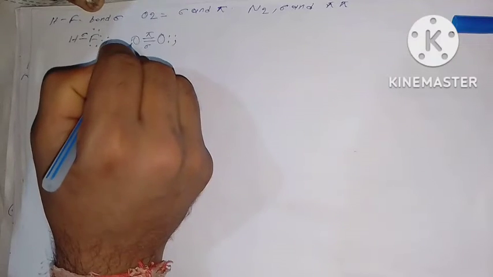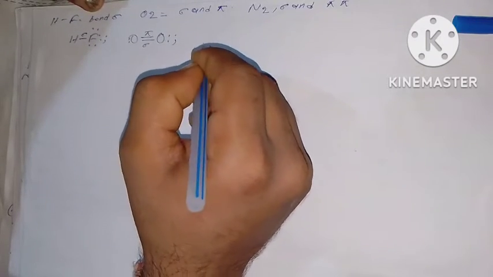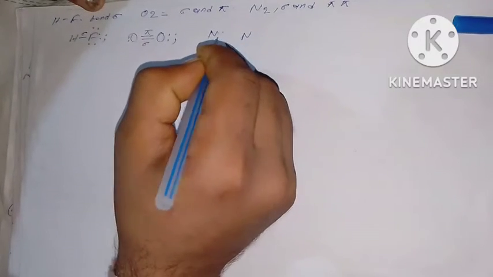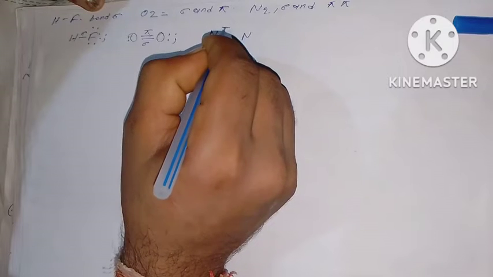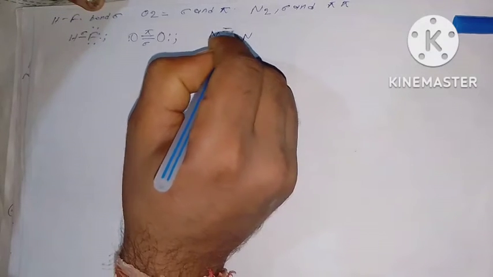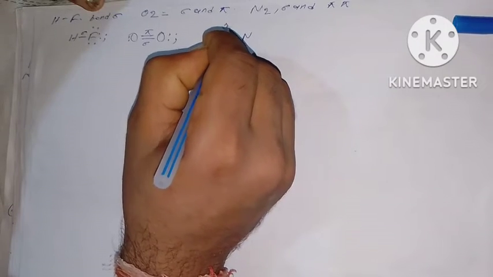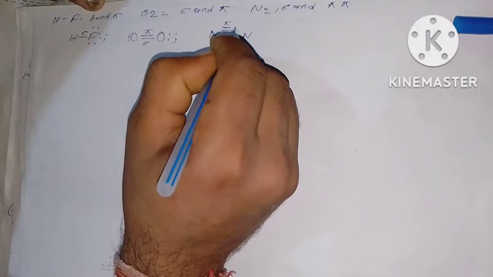In nitrogen, there is one sigma bond and two pi bonds. This is hydrogen fluoride, one sigma bond. This is the oxygen molecule, one sigma bond and one pi bond. And this is nitrogen, one sigma bond and two pi bonds.